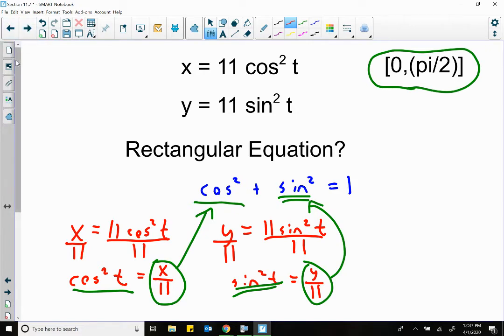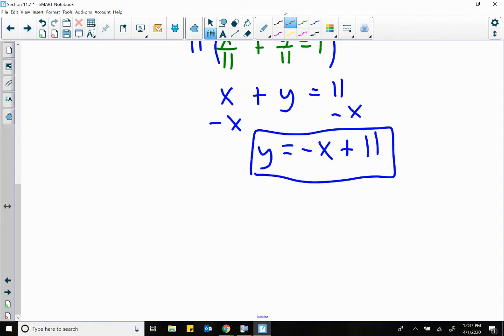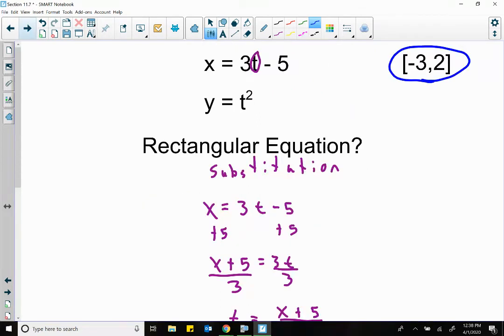Another good one to know that you might want to use, hint, hint, wink, wink, nudge, nudge, is tangent squared plus 1 equals secant squared. You might see a kind of problem where we want to use this pop up sometime. Okay? Hint, hint, wink, wink, nudge, nudge.